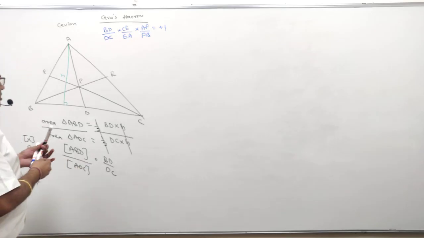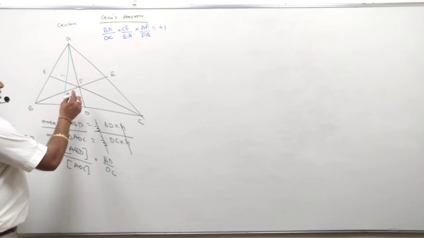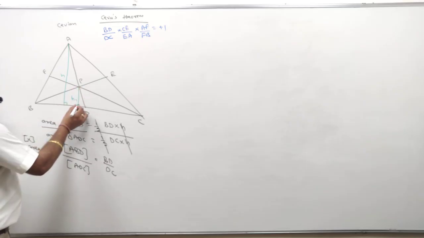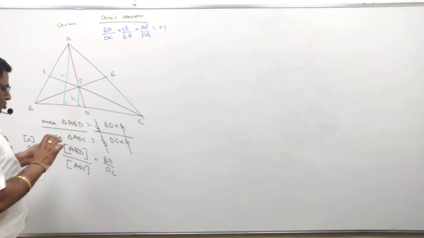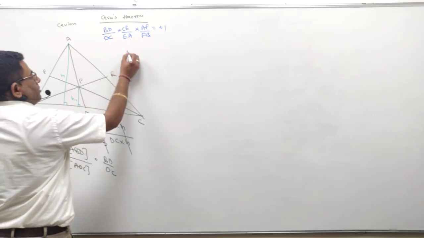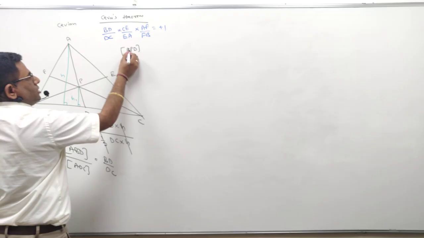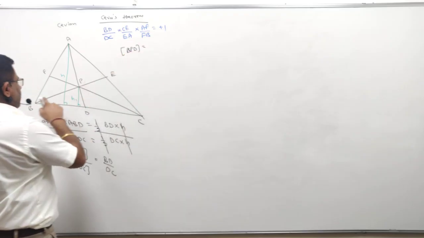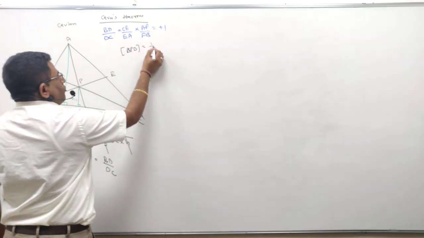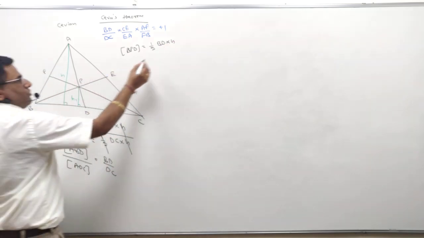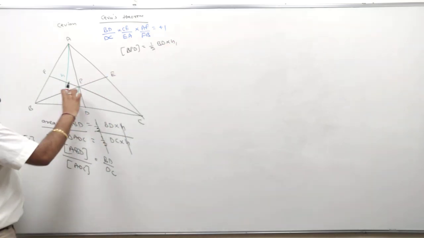Okay. Now let us draw the perpendicular here once again. Let this be the perpendicular and the height be H1. Okay. So what we get is area of BPD. This notation represents area. Okay. So area of a triangle BPD becomes half of BD into H1, half base into height.